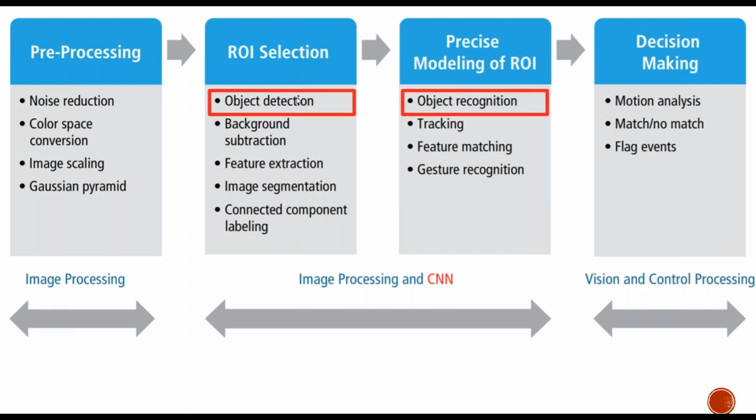So this is nothing but image processing. Whereas after deep learning, even if this is shifted to some other pixel, it has to recognize. That's the process I'm explaining here. Then only it can take the decision, which can be a motion analysis or match or flag events. It can be anything.